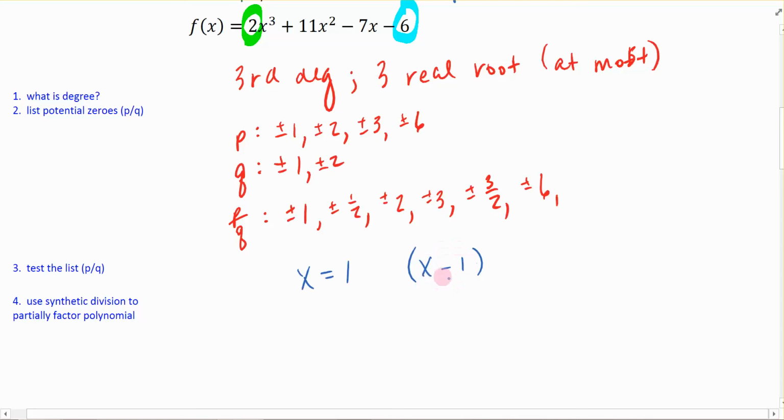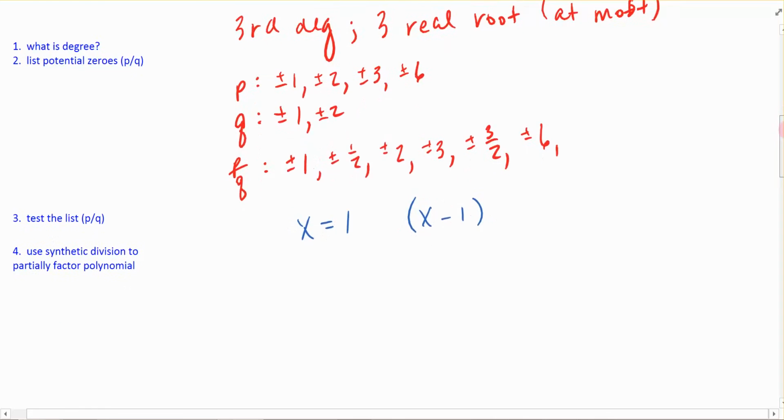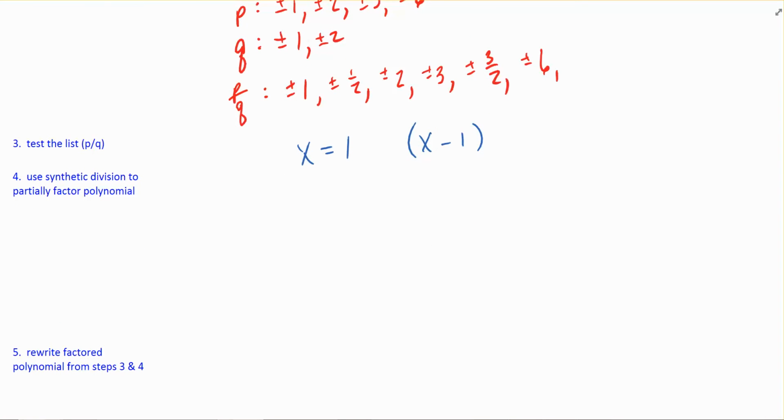Once we've identified one of the roots of this polynomial, we use synthetic division to simplify this polynomial just a little further. So if it's been a while since you've used synthetic division, let me show you or remind you how it is set up. We start by taking this root here and we write it kind of with an inverted L shape like that.